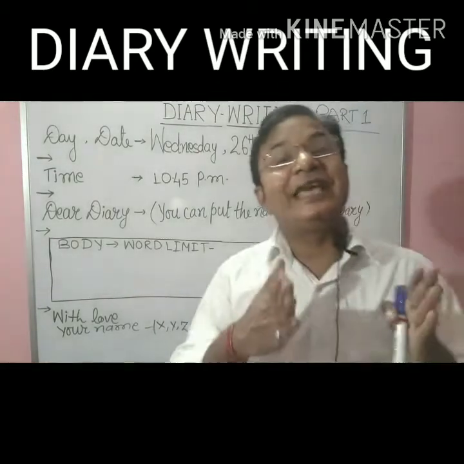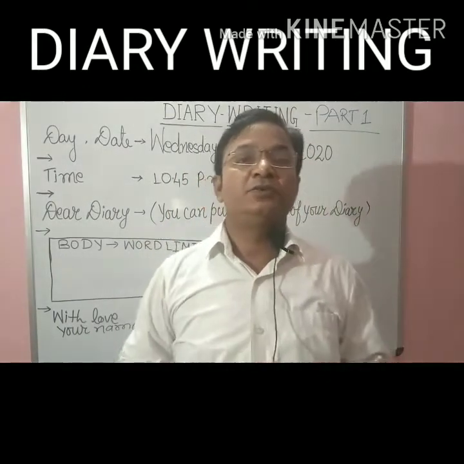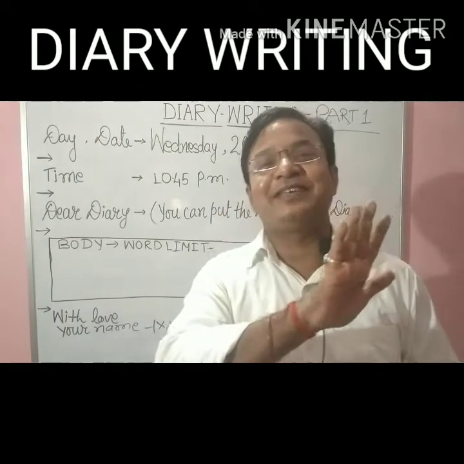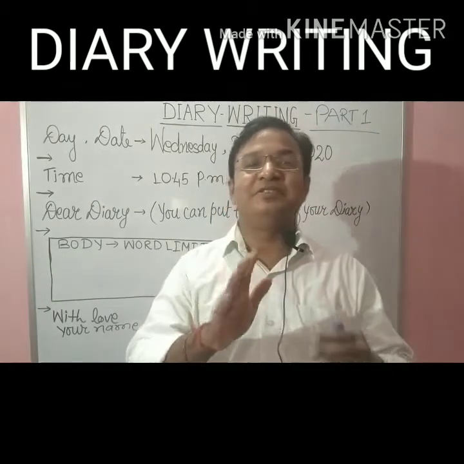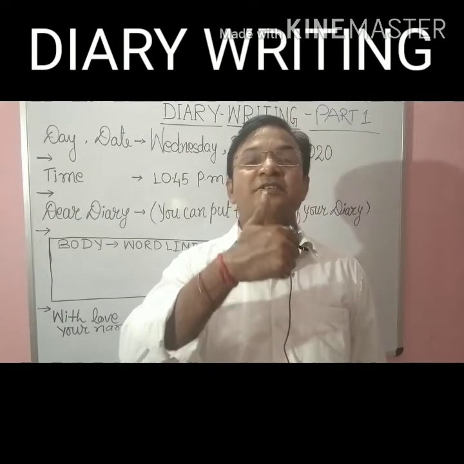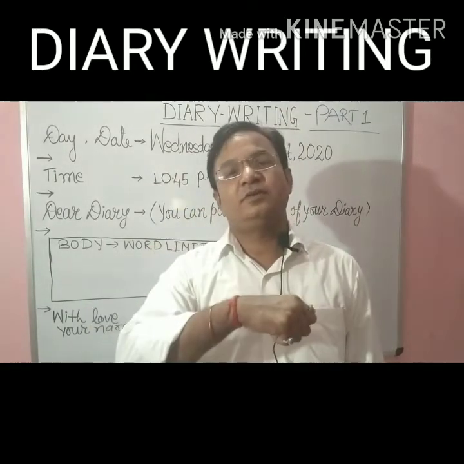So what things do we have to keep in mind while writing a diary? We have to follow 5 steps. Easily remember these steps. In the first step, you have to write down day, date.